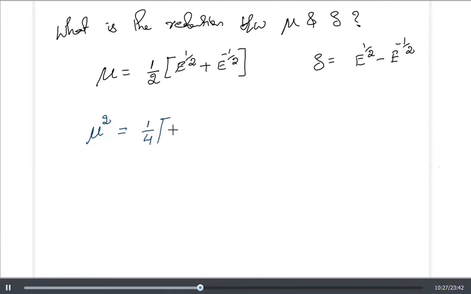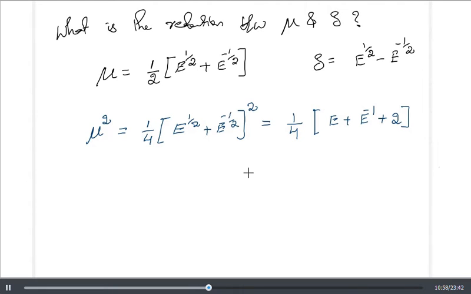That is 1 by 4 into (e power 1 by 2 plus e power minus 1 by 2) whole square, equal to 1 by 4 into (e plus e power minus 1 plus 2 into, when they multiply you will see e power 0, which is 1). Now this can be expressed as 1 by 4 into (e plus e power minus 1), and we want e power 1 by 2 minus e power minus 1 by 2, so I'll write it as minus 2 plus 4.